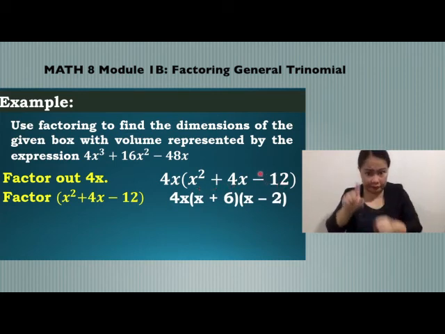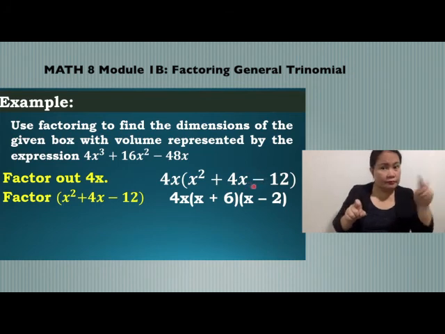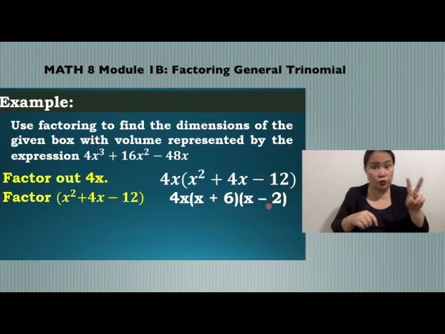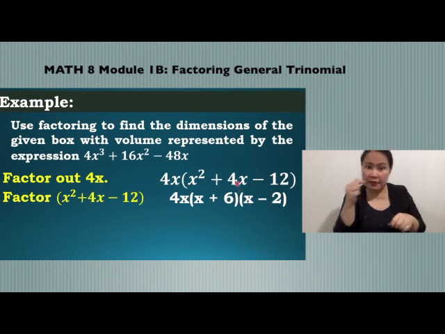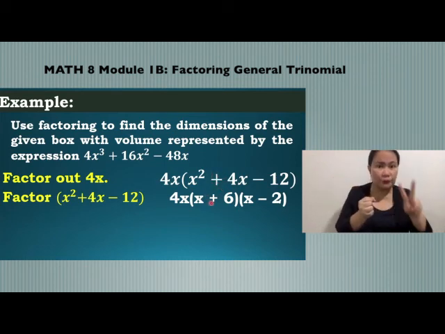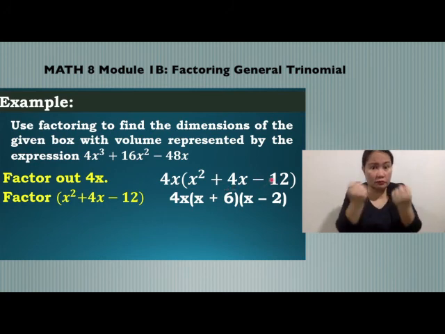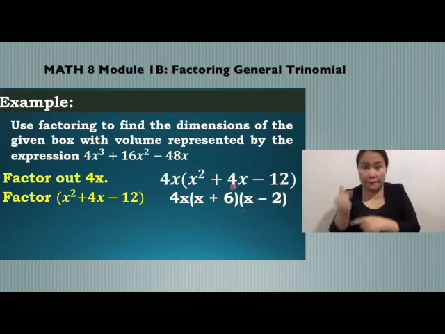So, again, since negative ito, dapat ang dalawang integers natin ay isang positive, isang negative. Now, paano malalaman kung ano ang positive at negative? Since positive ito, yung larger integer mo ay dapat positive. Alright? And then, dapat yung product nito, yung factors nito, dapat, pag inadd natin, this is the resulting sum.